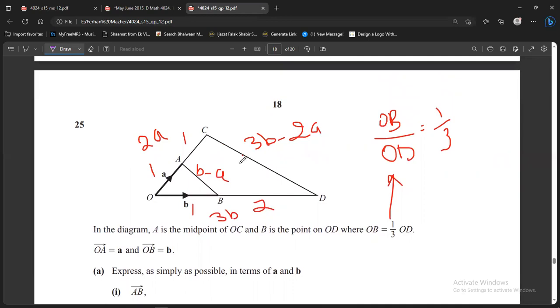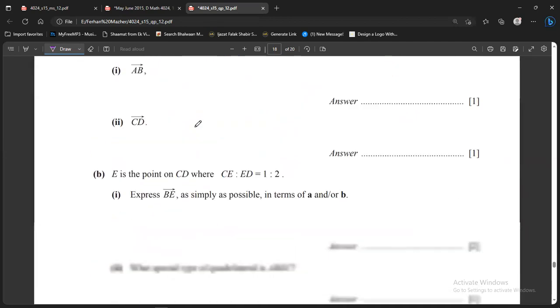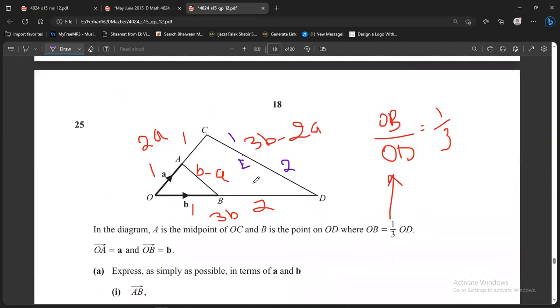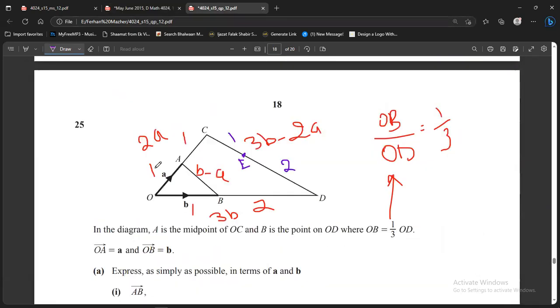So this is the point E, and this is 1 and this portion is 2, that is what he said. This is 1 portion, this is 2 portion, total there are 3 portions. Okay.